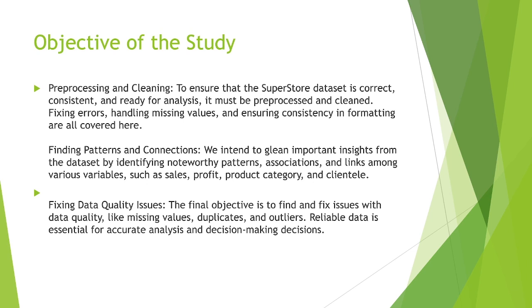Finding patterns and connections, we intend to glean important insights from the dataset by identifying noteworthy patterns, associations, and links among various variables such as sales, profit, product, category, and so on. Fixing data quality issues, the final objective is to find and fix issues with data quality like missing values, duplicates, and outliers, as reliable data is essential for accurate analysis and decision making.